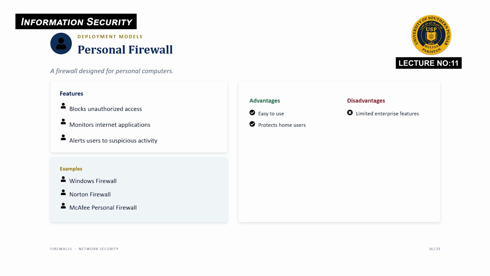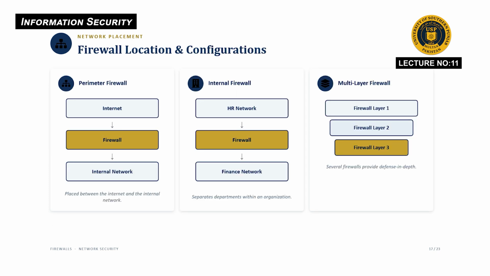Firewall location and configuration. Firewalls can be placed at different locations. An internal firewall protects the organization from internal threats and separates departments. A multi-layer firewall provides defense in depth by using several layers of security.